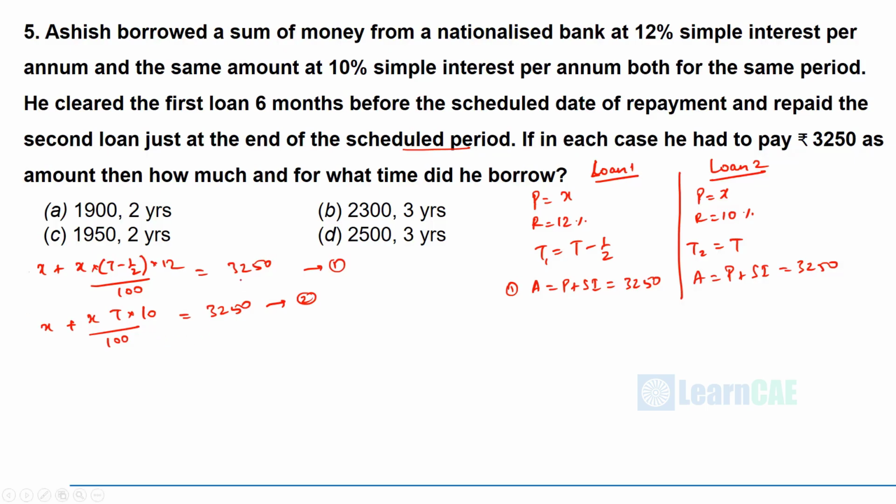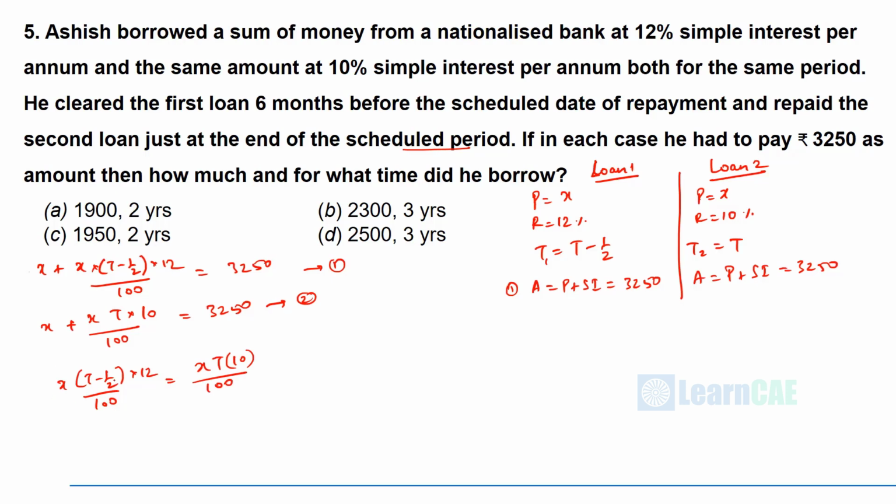Now we can subtract these two equations. Here x is the same in the first and second equation, and the right side is also the same, that is 3250 for both cases. Only the interest part is differing. So let us equate x into T minus 1 by 2 into 12 by 100 is equal to x T into 10 divided by 100.